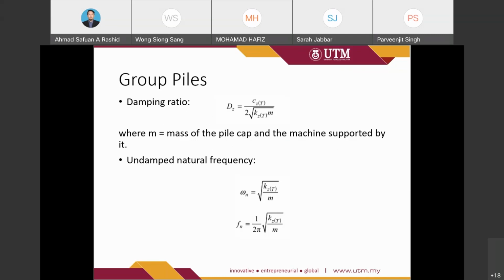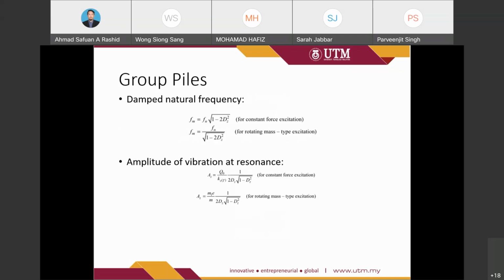Honestly, I also do not really understand what the undamped natural frequency is. There will be some equations, which I just put in this example. If we try to get any additional value, we may use this kind of equation later on. So we have undamped and damped natural frequency.